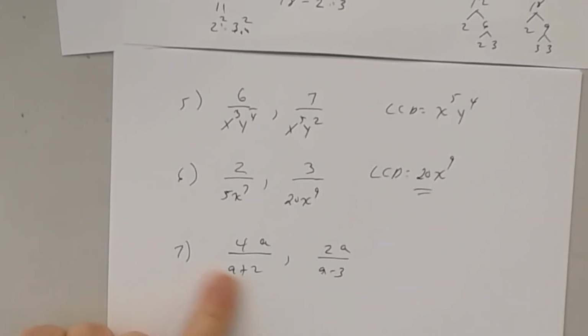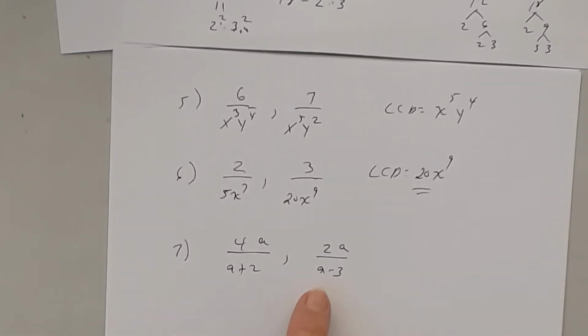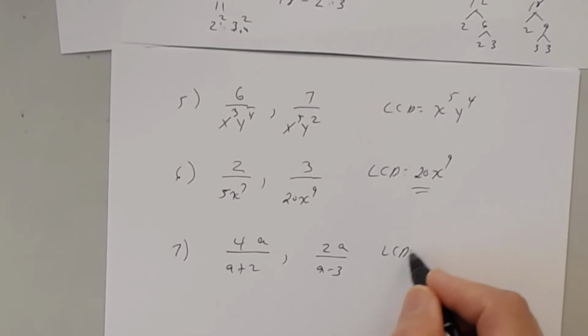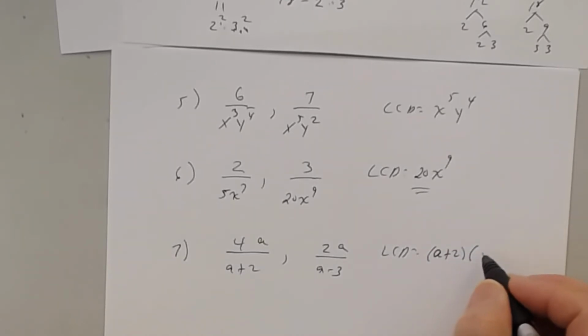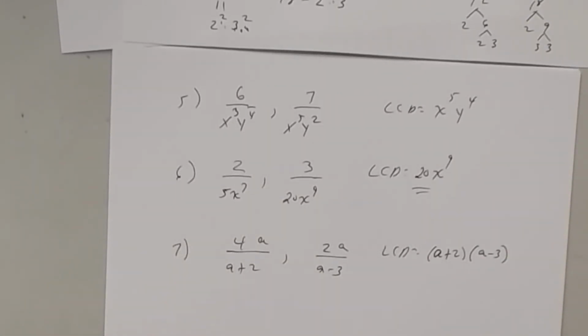Together, a plus 2 is your one factor. What's the only factor in the second denominator? A minus 3. So your LCD has to include those factors. One factor better be a plus 2, and the other factor better be a minus 3. Now the question becomes, how many of each do I need?